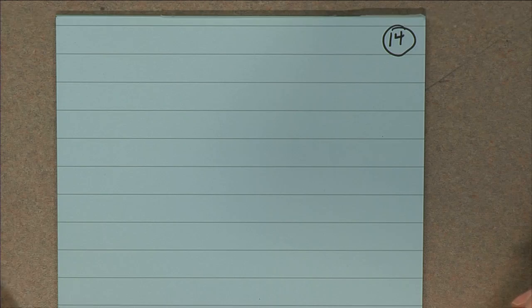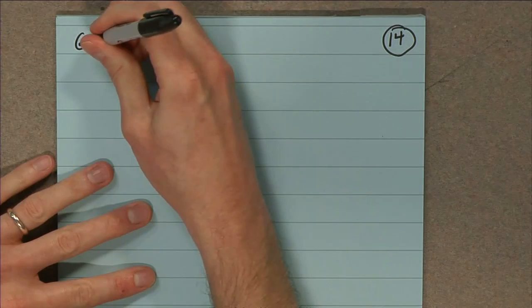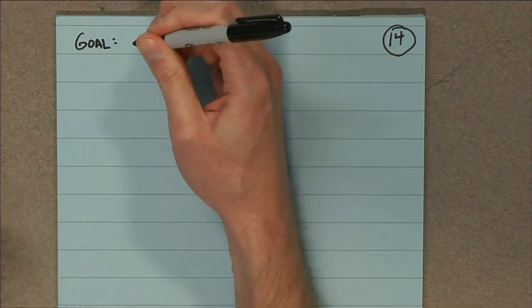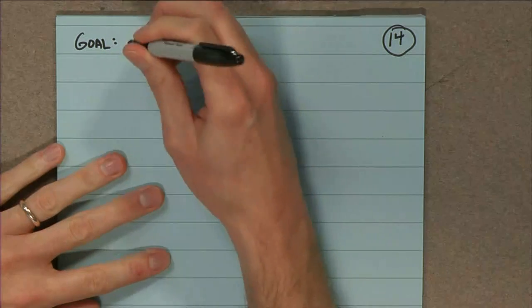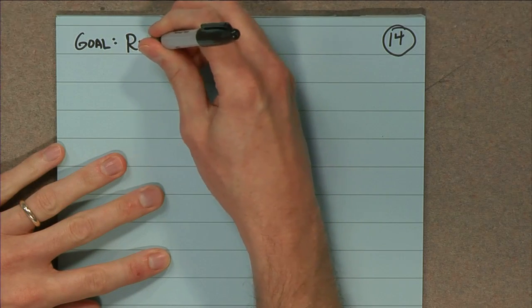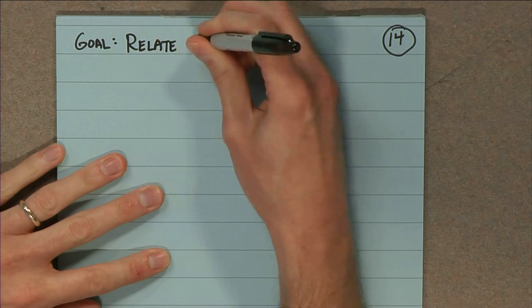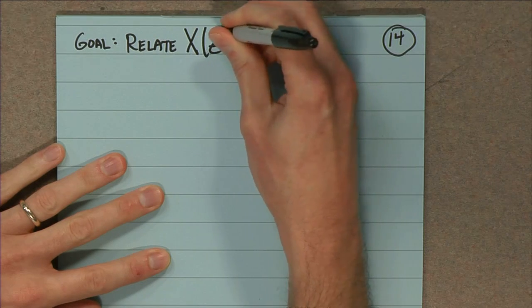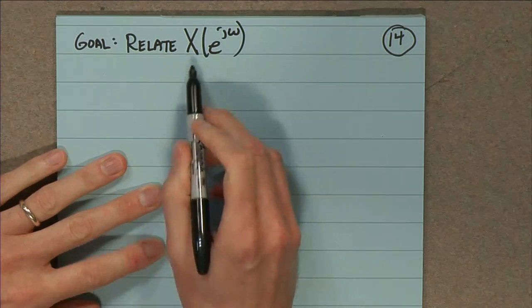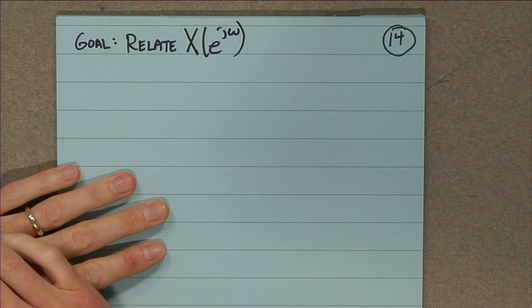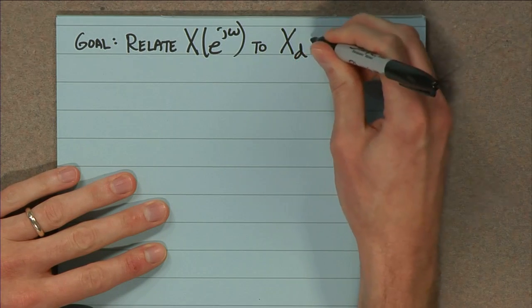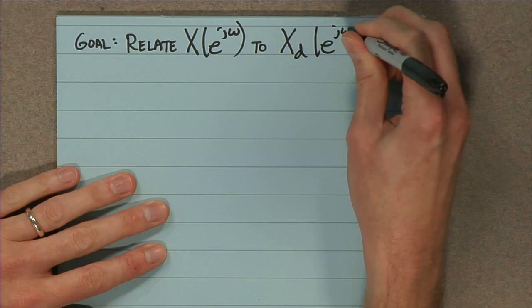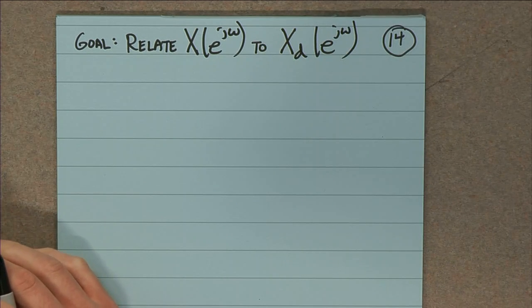Our goal for this quick derivation is basically to relate X(e^jω), which is our input signal to this downsampling process, to X_d(e^jω). So what is their relationship?